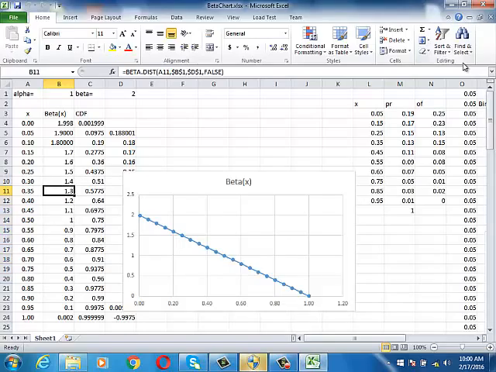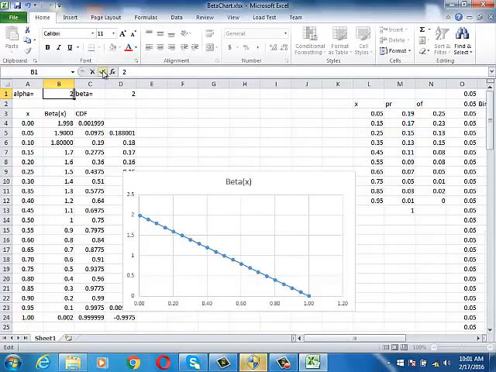So this is the graph of the function with beta equals 2. Now let me change this to 2.